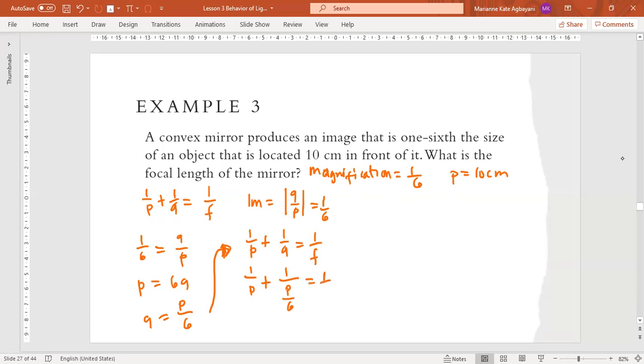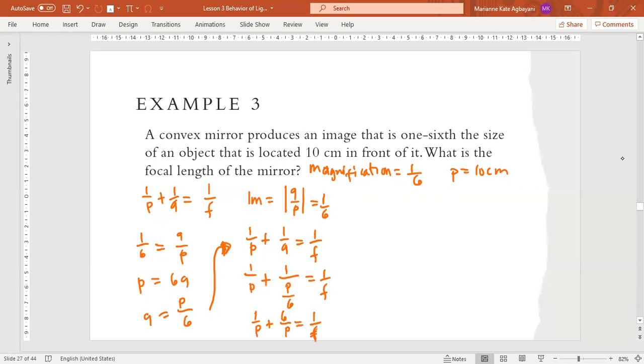So this can be written as 1 over P plus 6 over P, since we get the reciprocal of the denominator. Equal to 1 over F. Now let's continue. That will be 1 plus 6, since common man ay the same sila ng denominator, that is 7 over P is equal to 1 over F.